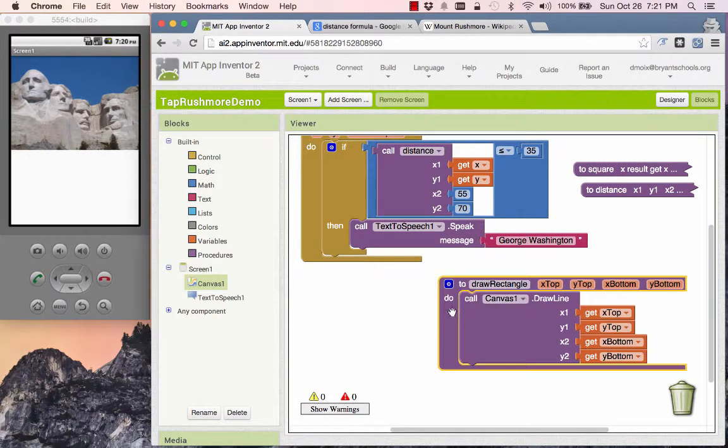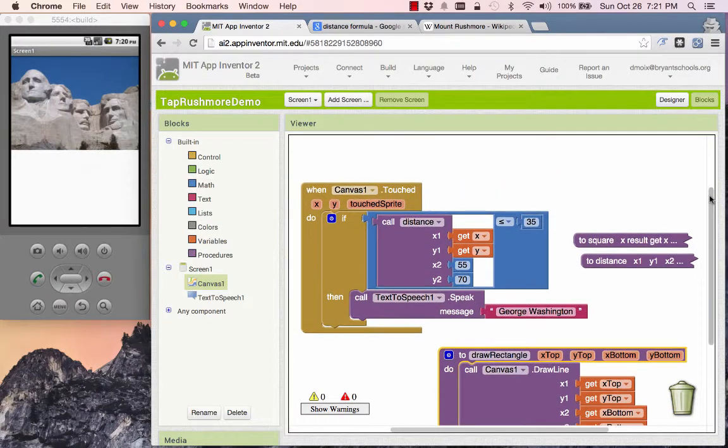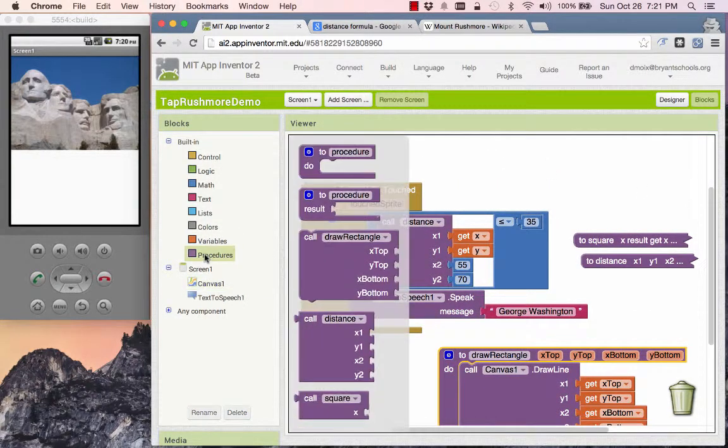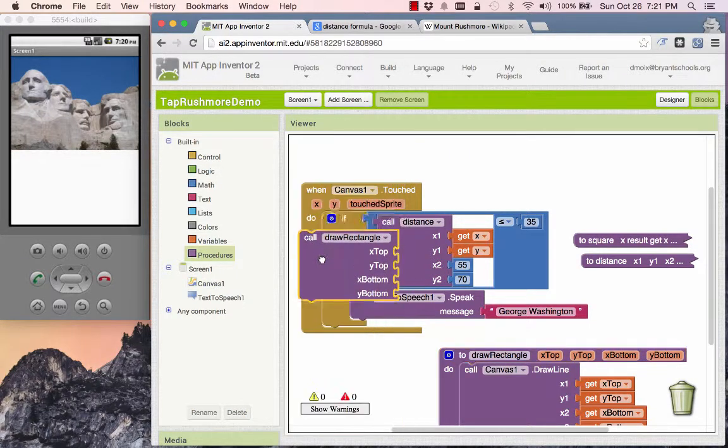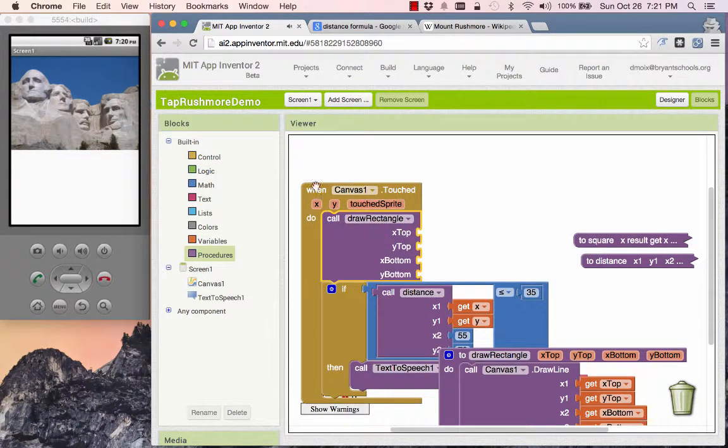So we have draw a rectangle. We'll come back to that. But I want to use it when I touch the canvas. I want to draw a rectangle, and let's guess, since this is 320, I'm going to guess 280 as my x value, and 240, half of that would be 60.